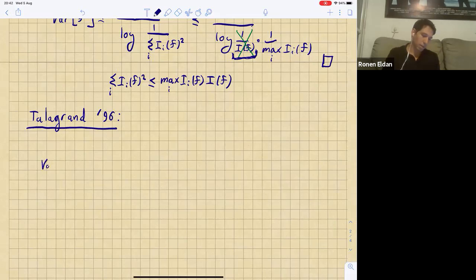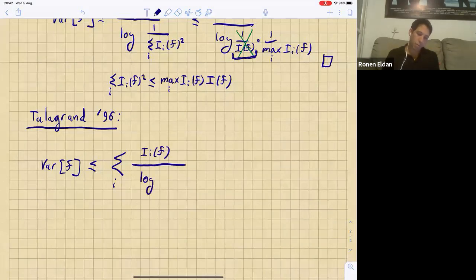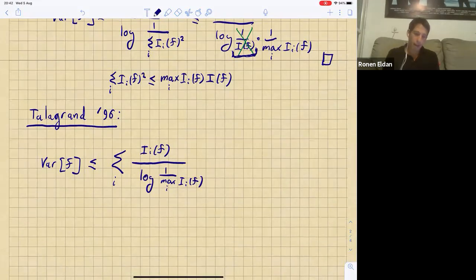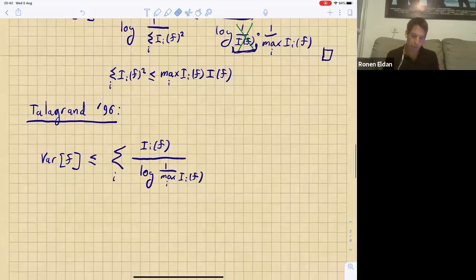So the KKL inequality told us that the variance of f is at most, and let me write it a little bit differently, the total influence, which is the sum of influences, and in the denominator we had log of 1 over the max influence. And what Talagrand proved is that we can actually remove this max.